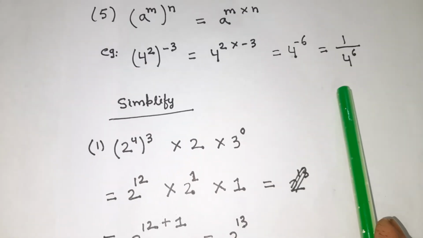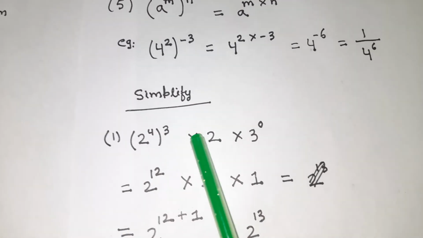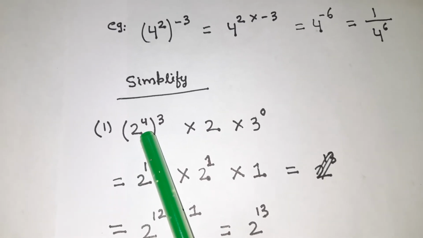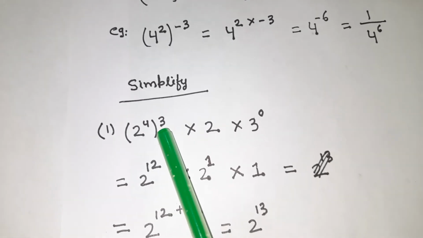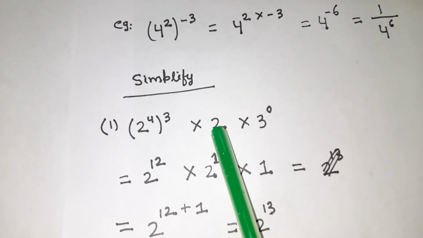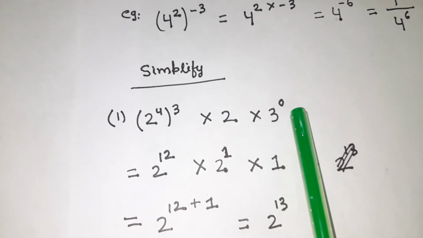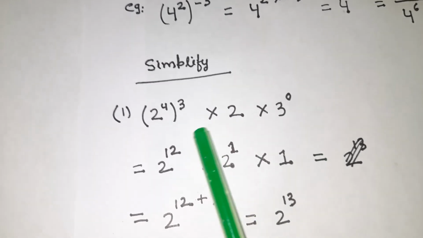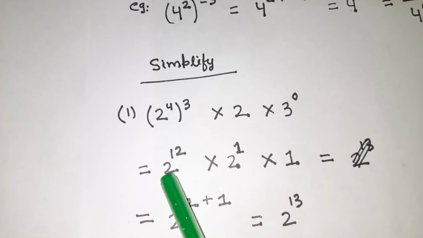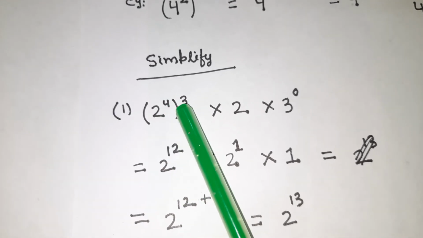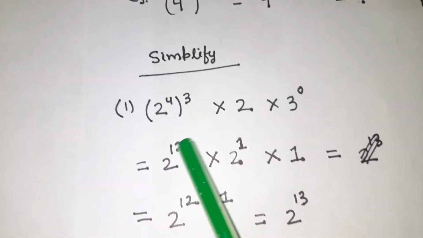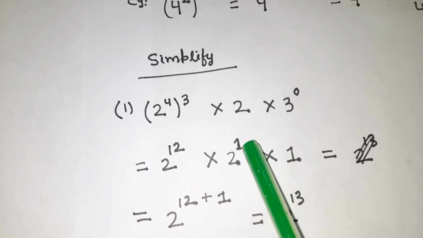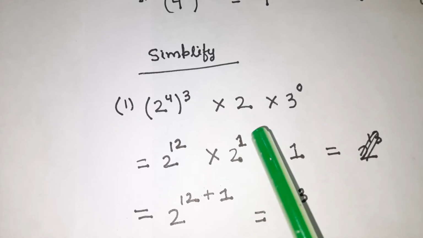Let us take some examples. Okay, simplify. I have taken one example here. 2 raised to the power 4 as a whole raised to the power 3 into 2 into 3 raised to the power 0. See, how will you solve this? Through the laws. 4 into 3 it will become, so 4 3s are 12, into 2, here the power is 1, so we will just write 1. 2 raised to the power 1.